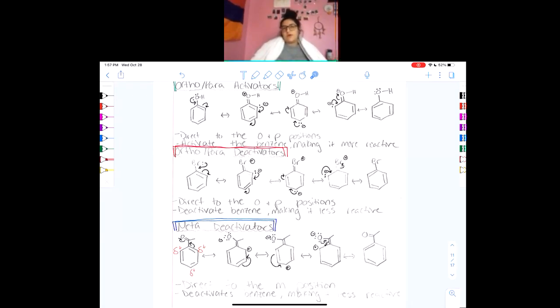If you don't want to add anything else to the ring, you're going to want a deactivator. Technically speaking, deactivators will make it more stable only because it will be less reactive. But that doesn't necessarily mean that deactivating groups are better. But remember, benzene itself is not going to be an activator or a deactivator. Cool? Any questions?